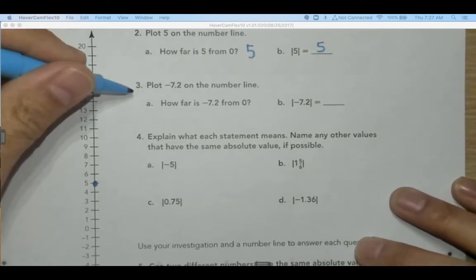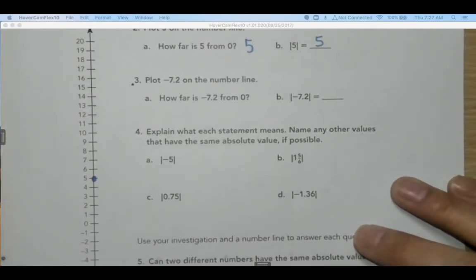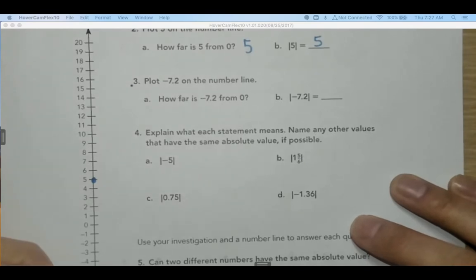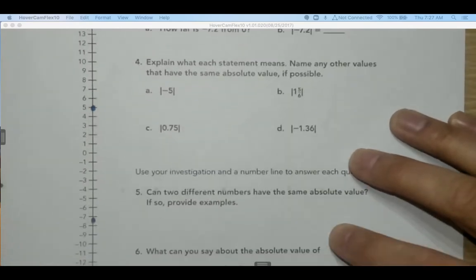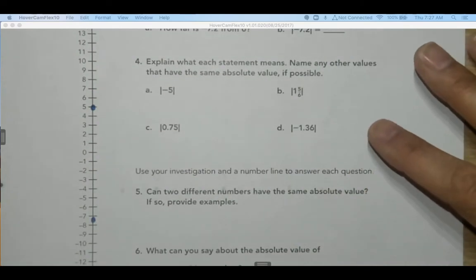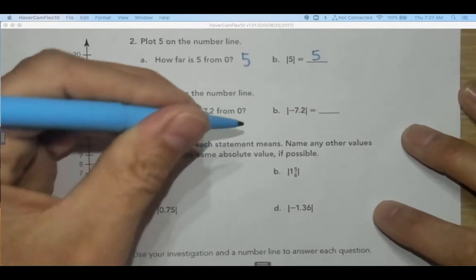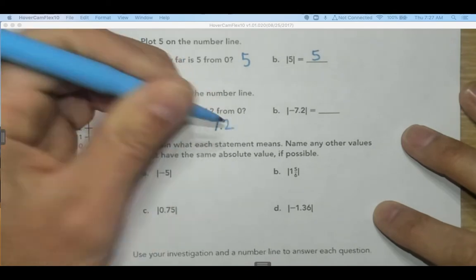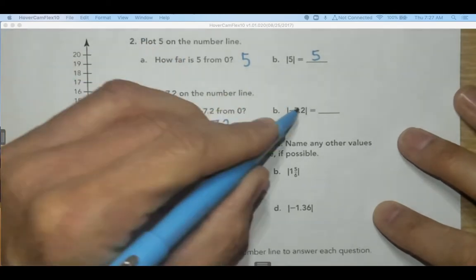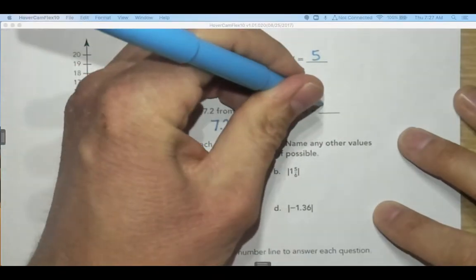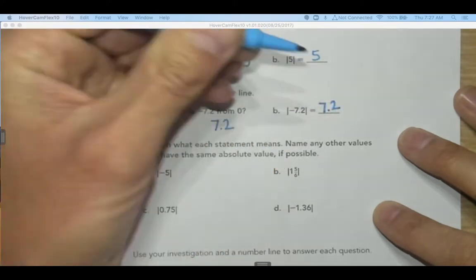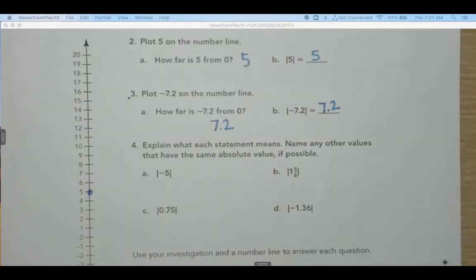Okay. 3, plot -7.2 on the number line, so it's down there. How far is -7.2 from 0? It's 7.2 away. The absolute value of -7.2 is 7.2. Notice how the negative number turns into a positive number.